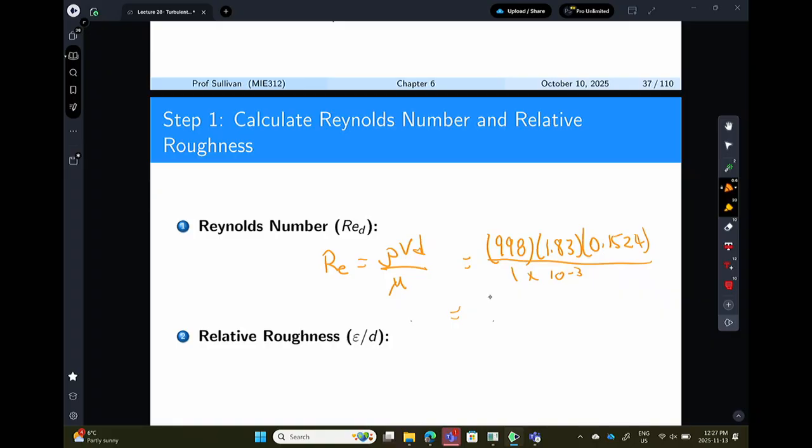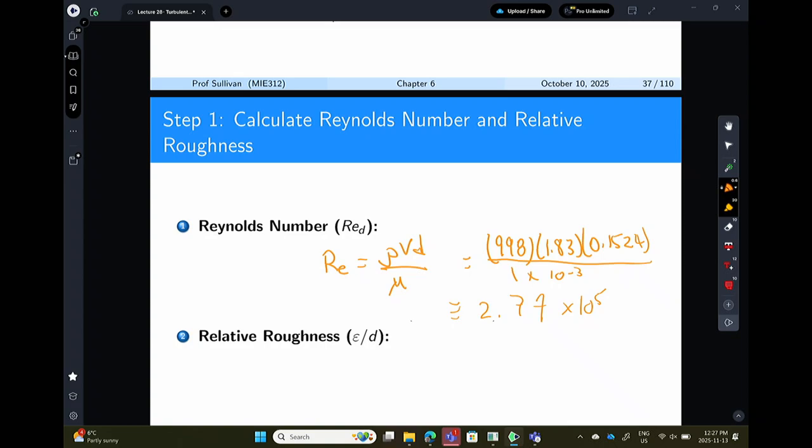And you get roughly 2.77 times 10 to the 5th, which is high enough that it exceeds that 4,000 threshold that we've defined here, so we can say it's fully turbulent.